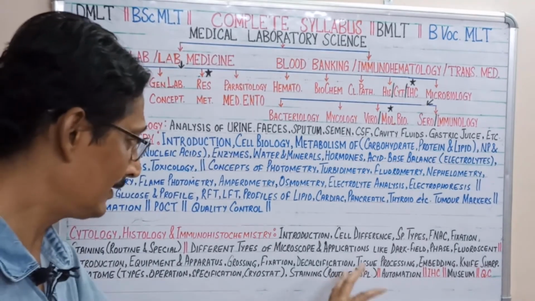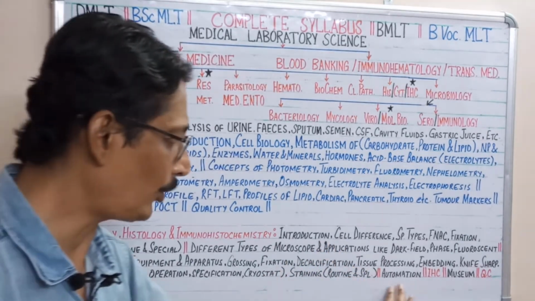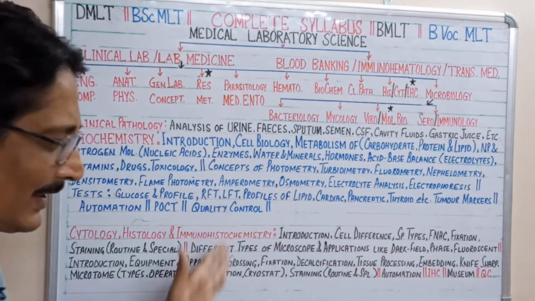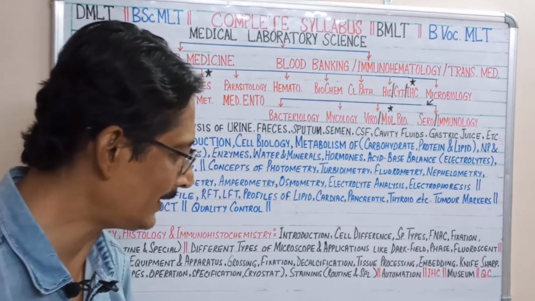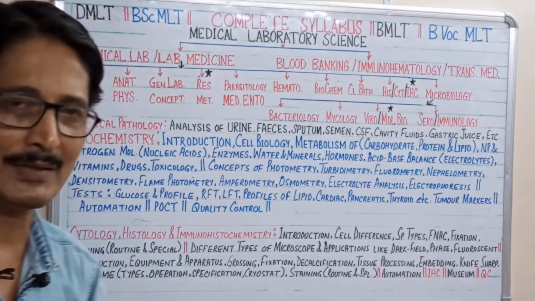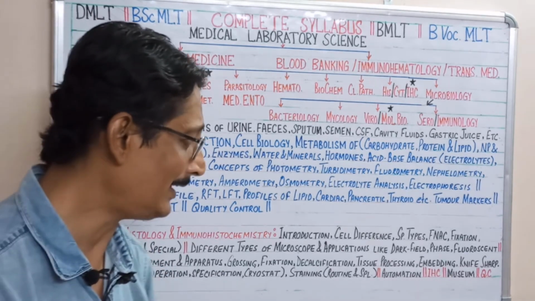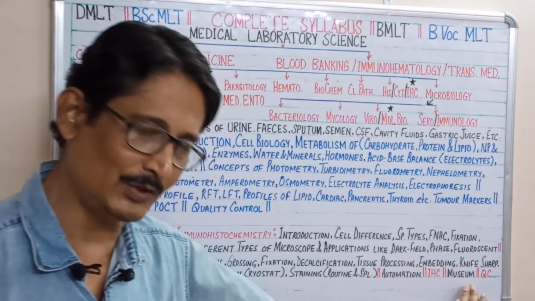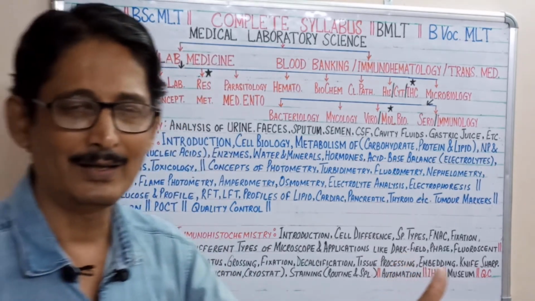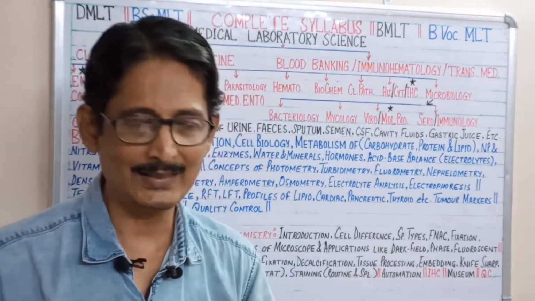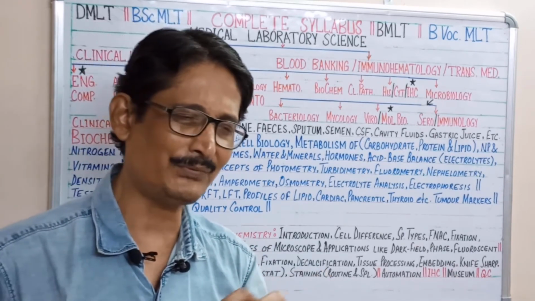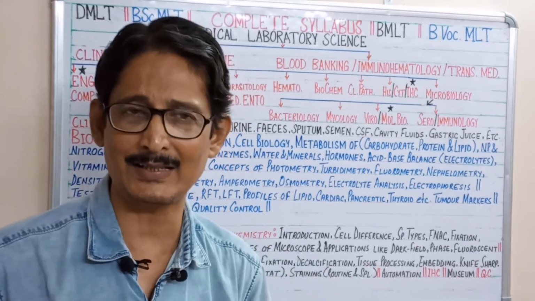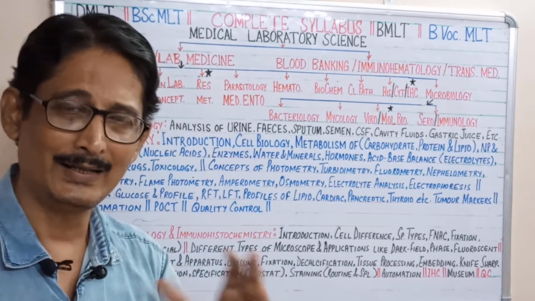There are many such things, and nowadays all of this is automated, and you have to study the automatic machines. Immunohistochemistry is again a large chapter, and there is the museum technique. The museum technique is for your next generation. When you go to a medical college, you may see unnatural human body parts kept in the museum.